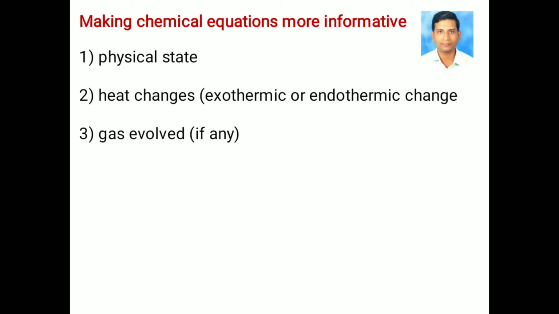Let us discuss the third one, that is gas evolved. Expressing the gas evolved. If a gas is evolved in a reaction, it is denoted by an upward arrow or with small g. Let us discuss with an example.